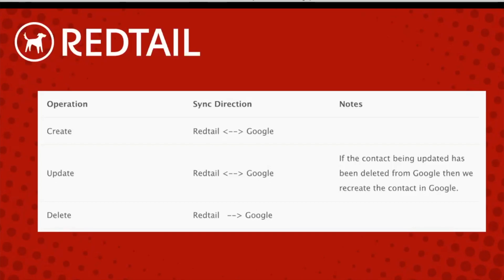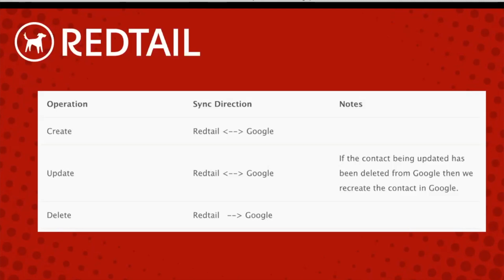So for example, if one program misread that the other program had a bunch of contacts or didn't have those contacts, it would try and resend those over, and then we'd have duplication. So in order to prevent that, anything that's being deleted must be deleted from the Redtail side. So if you're deleting an email address, or if you're deleting any part of the contact record, you're going to delete it from within Redtail.